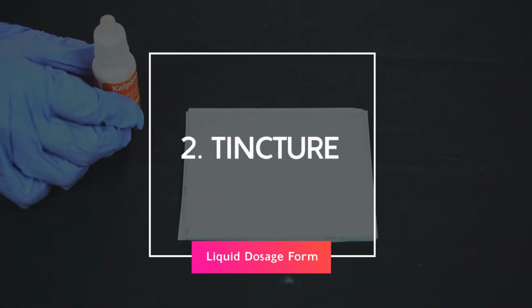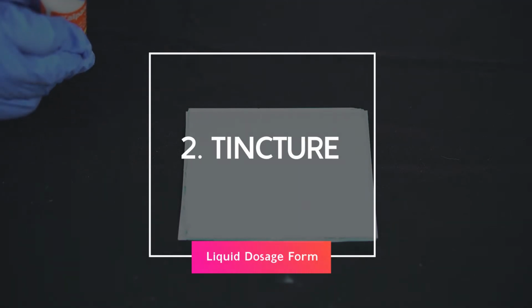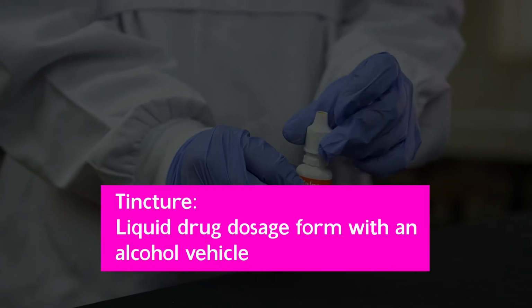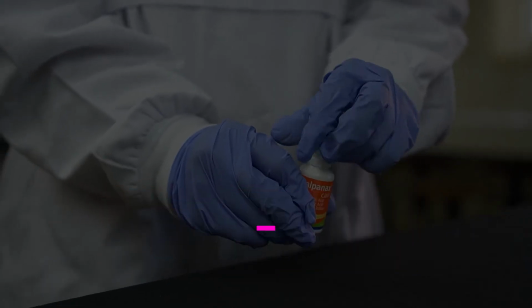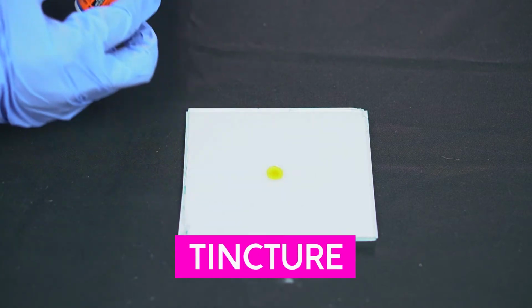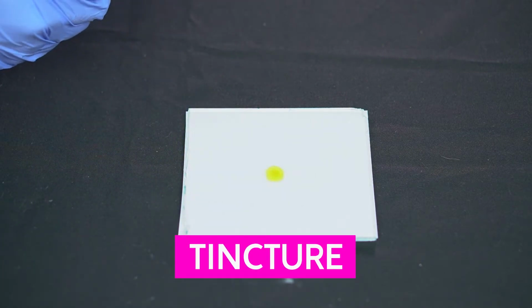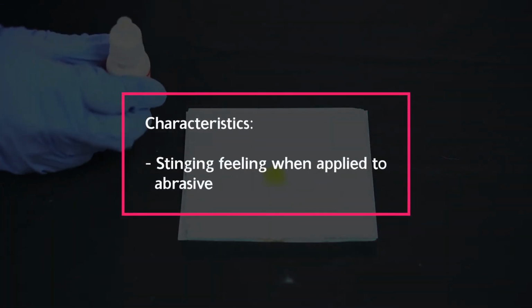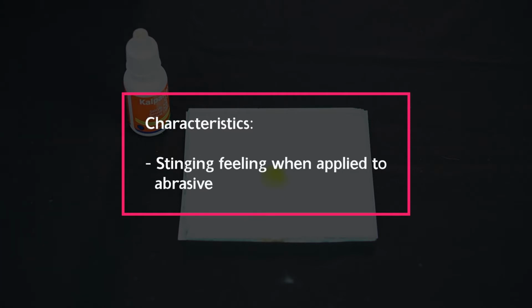The next is tincture. Tincture is a liquid preparation with an alcohol vehicle. Because it contains alcohol, this preparation will cause a stinging feeling when applied to abrasive skin or open wounds.